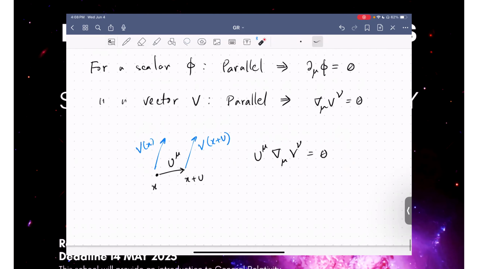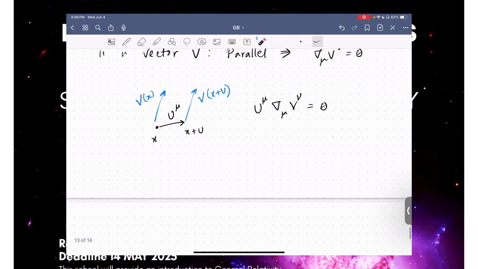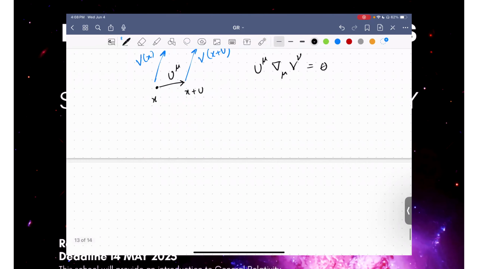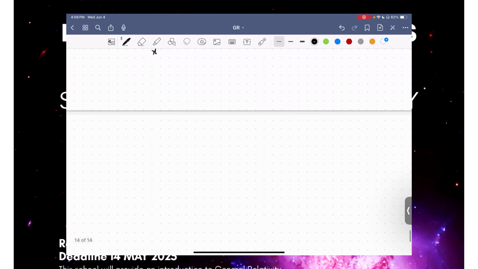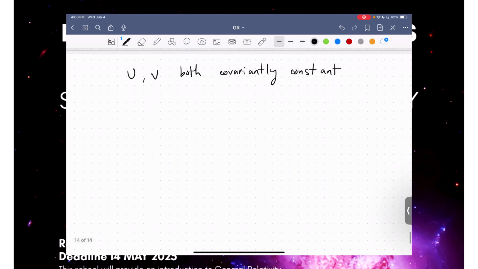All right. So let's move on with the covariant derivative. Let's check something. Suppose we have two vector fields, u and v, both covariantly constant. Okay, so what does it mean?